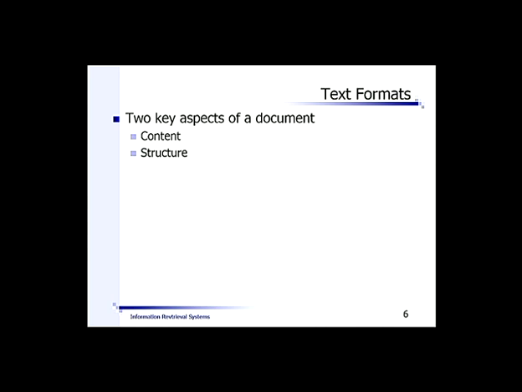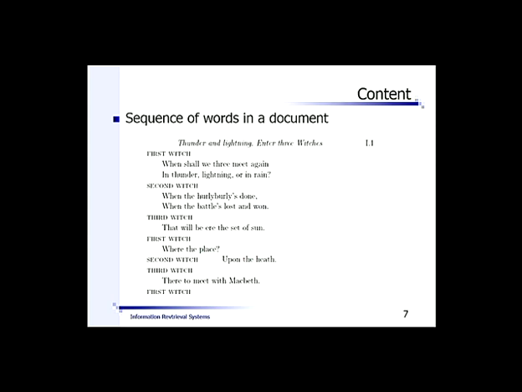Let's discuss content and structure. First, content. What is content? It is simply the sequence of words in a document. So this entire slide is the content: the actual play of Shakespeare, Thunder and Lightning, Enter Three Witches, First Witch says something, Second Witch says something, and so on. It is a sequence of words in a document that will be processed in the later stages.